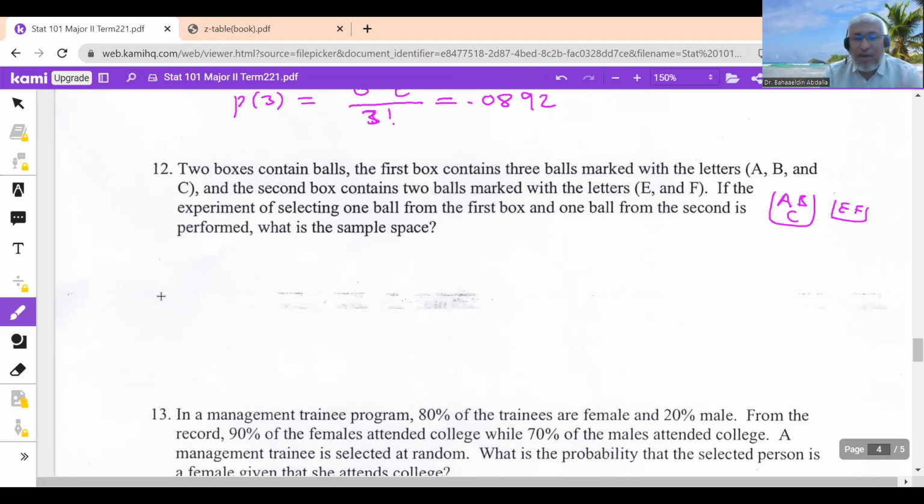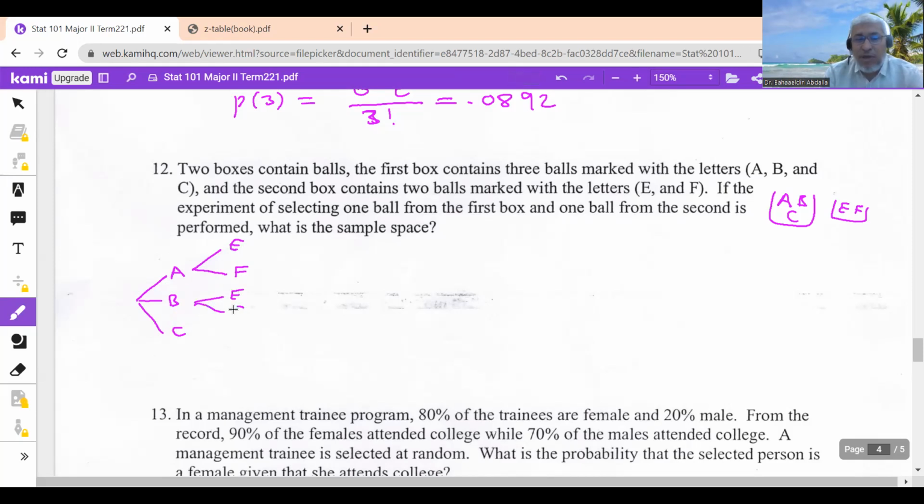So we do a tree diagram. First, let us start step by step. Let us select a ball from box 1. What are the possibilities? We can select ball A or B or C. So this is selecting a ball from the first box. Then now select a ball from the second box. If the ball selected from the first box is A, you can still select E or F from the second box.